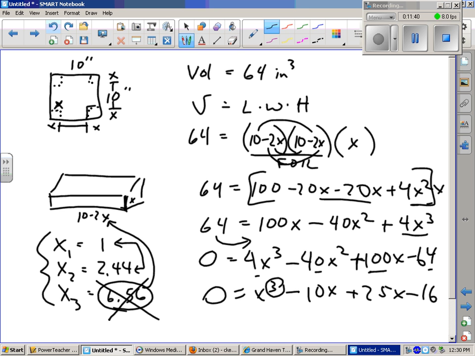If x is 1, I would have a 1 by 8 by 8 box top. If x is 2.44, I would have a 2.44 by 5.12 by 5.12. So depending on what size box you want, whether it's tall and skinny or flat and short, you can choose between those 2.